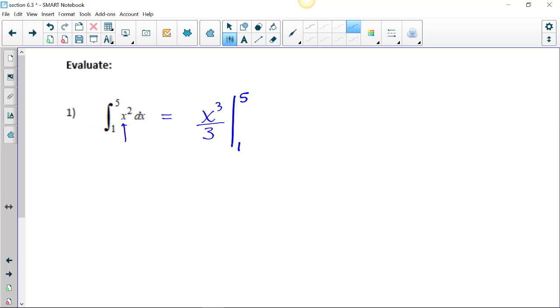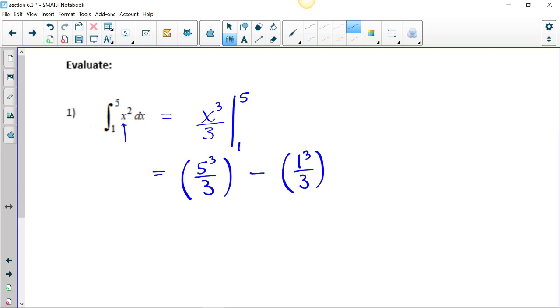Okay, so here's what it looks like. You have to be careful. You have to find each function value before you subtract. So I'm going to replace the x with 5, so I have 5 cubed divided by 3. Then I replace the x with 1, so I have 1 cubed divided by 3.